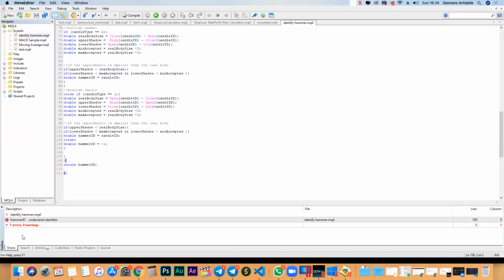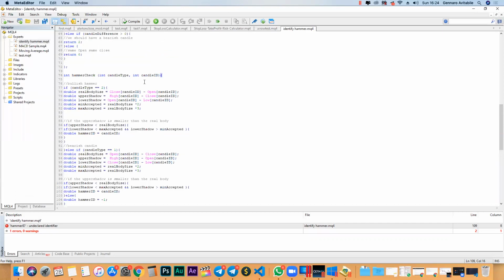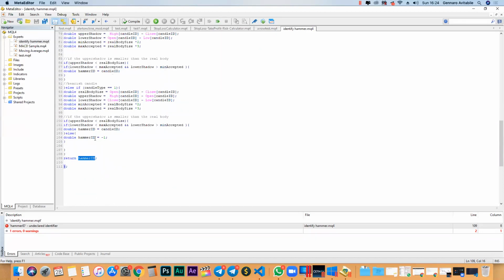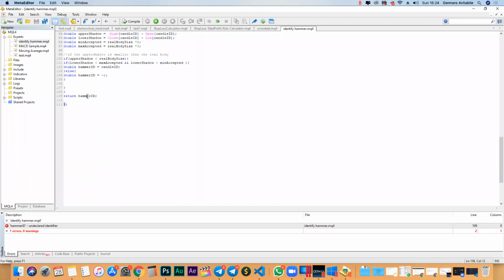Hammer D undeclared identifier. That's in 109. So that was what I was thinking. Let's just return the candle ID and whatever. Anyway, it's going to be the same thing. Compile, and this time it should work.